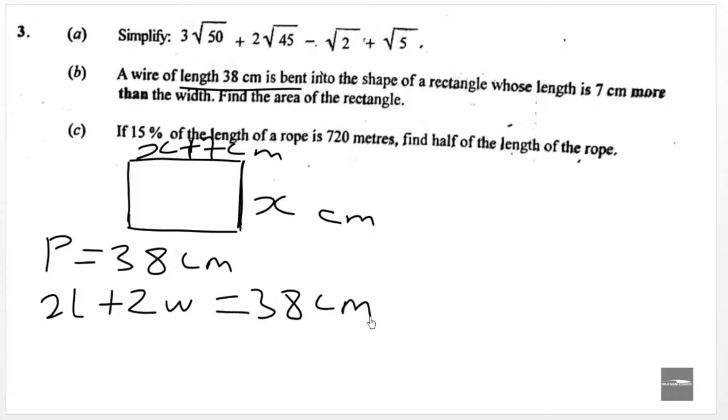So the length is x plus 7. So we have 2 into bracket x plus 7 centimeters. Then we have plus 2 times x, which is the width, and this is equal to 38 centimeters.